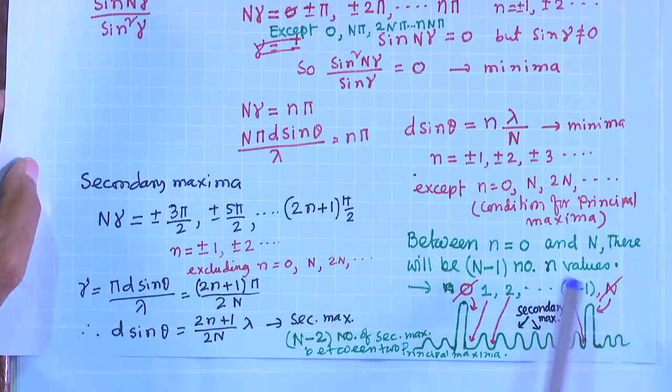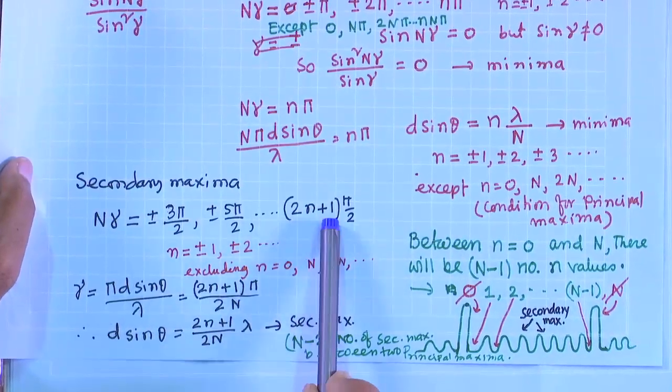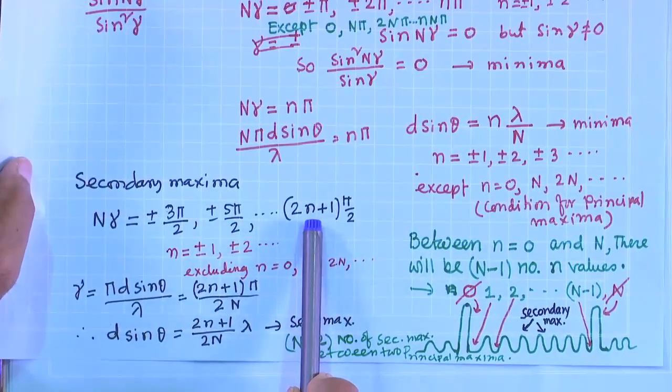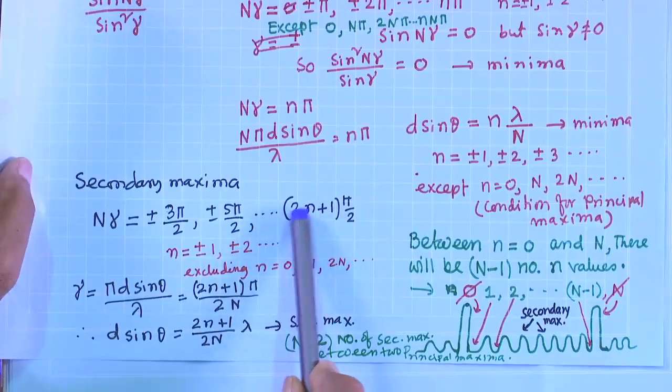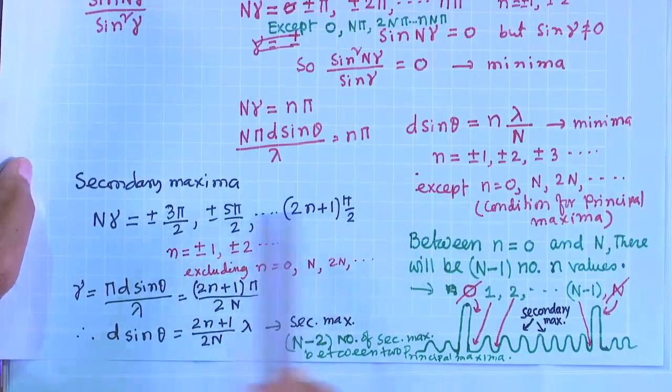Okay. So, for this case n equal to plus minus 1, and it starts from 3, 5, 7, etc.